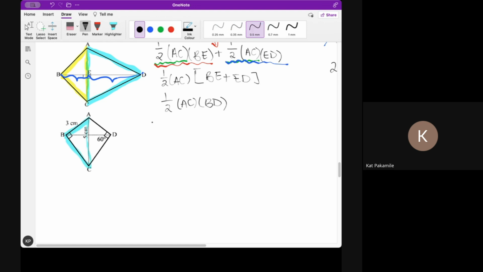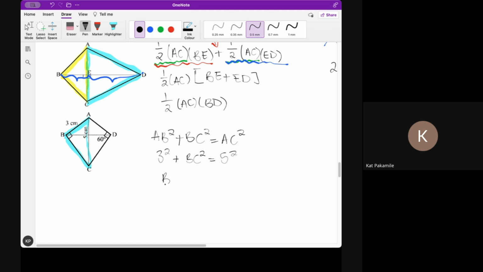That is definitely Pythagoras. So AB squared plus BC squared is AC squared. Okay. AB is 3 squared. BC is what we're looking for. And AC is 5 squared.